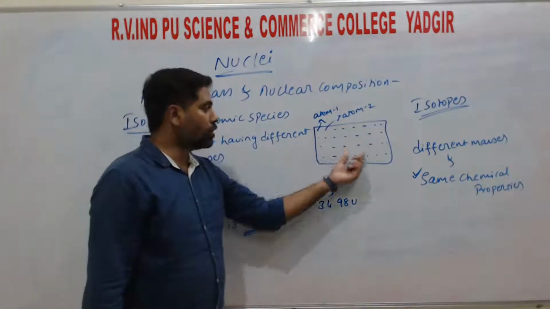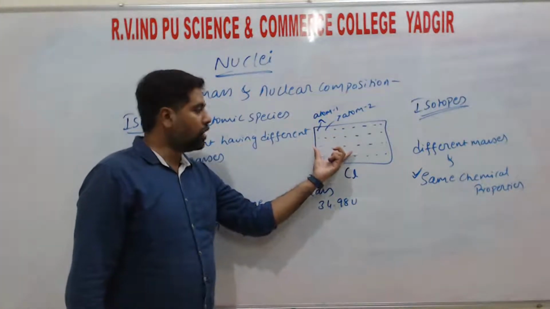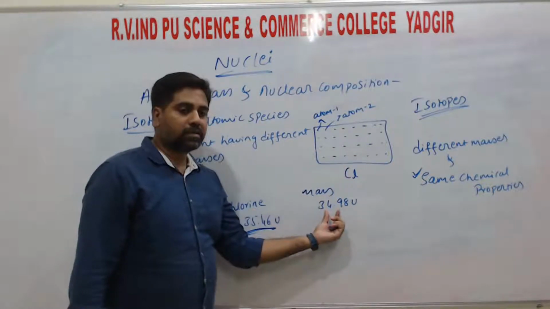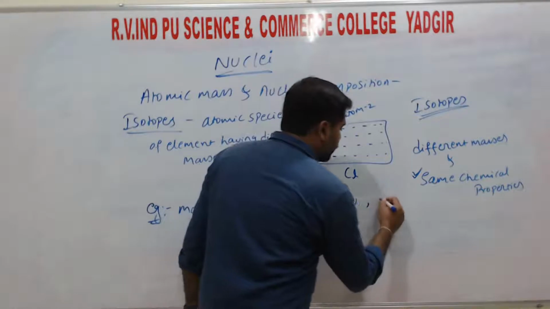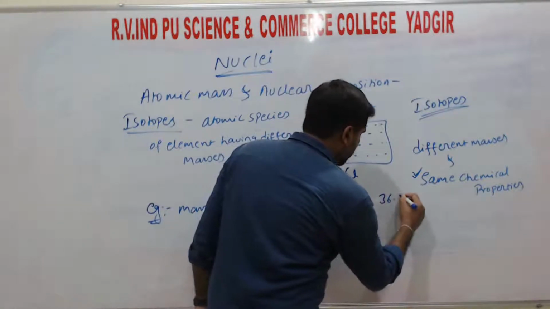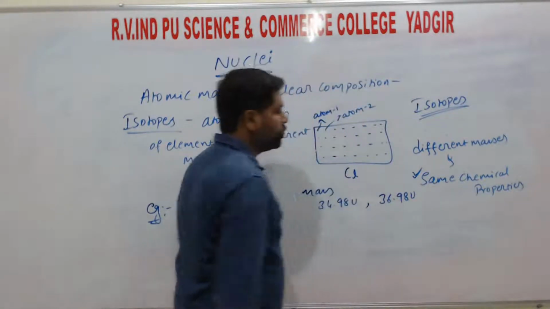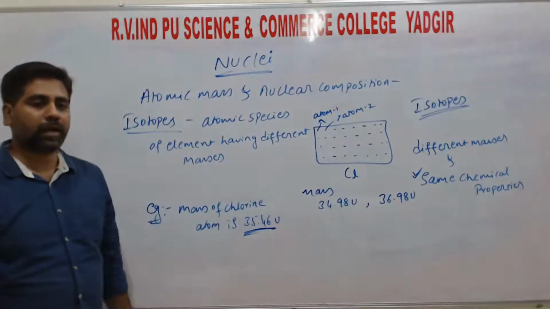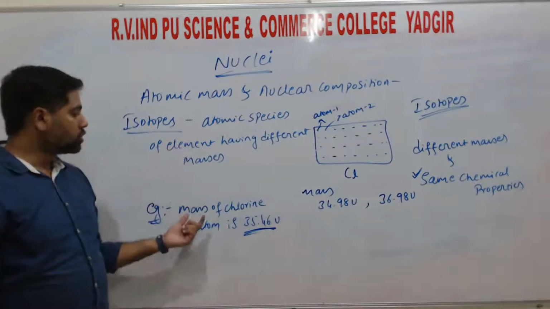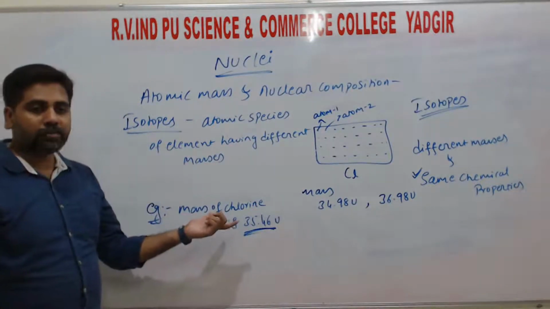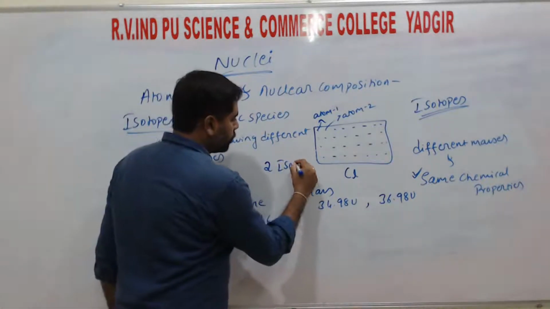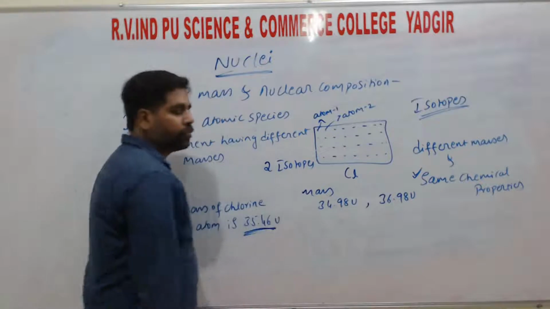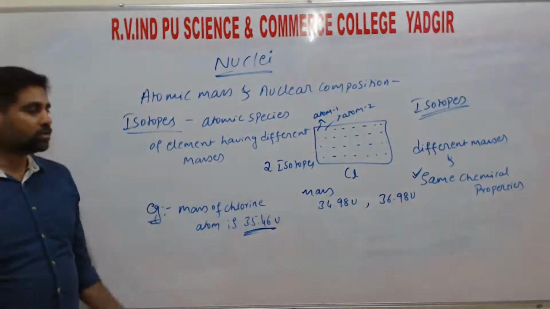So certain atoms present in this chlorine have the mass 34.98 U, and certain atoms have the mass 36.98 U, right? So how many isotopes does chlorine have here? In chlorine we have two isotopes, right?